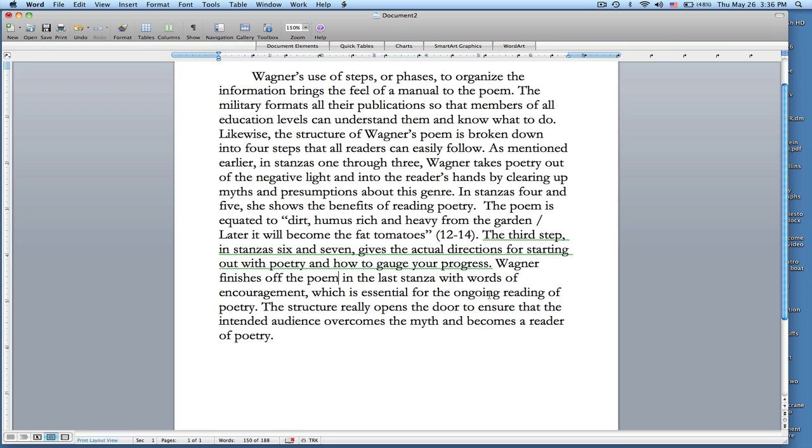How does this manual as a whole, how do all of these steps open up the door to ensure that readers overcome all the stereotypes of poetry being difficult and can actually become readers of poetry? So that's where you need to develop your analysis.